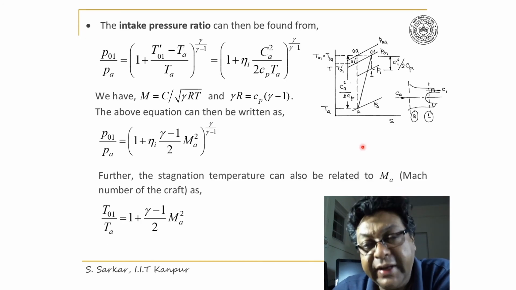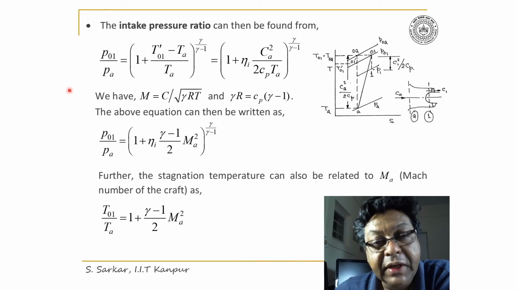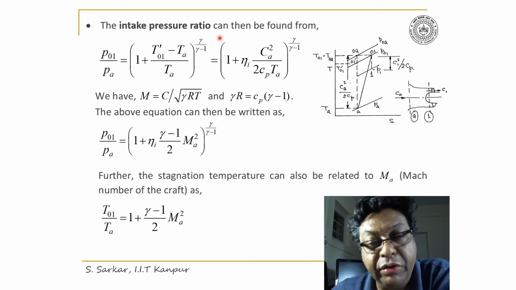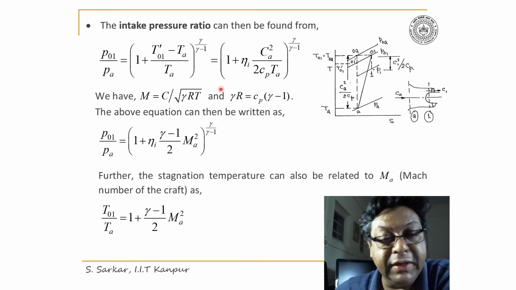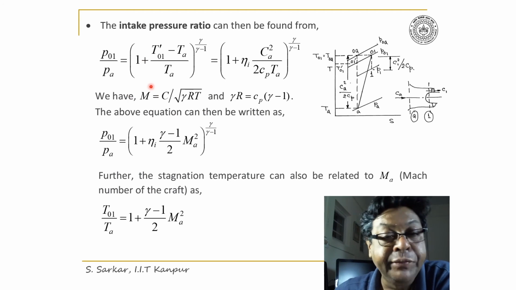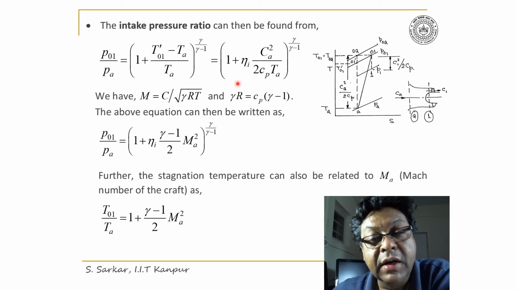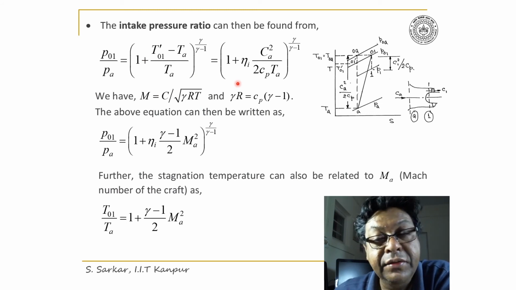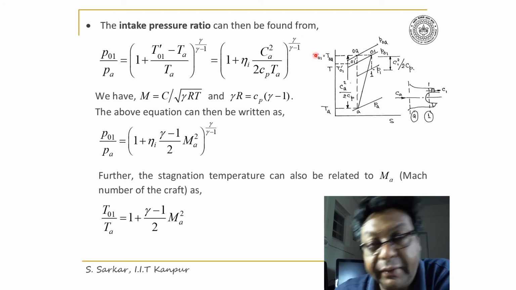Now, we can relate between P01 and PA, which defines the ram pressure. Thus, the intake pressure ratio can be found out as P01 divided by PA is equal to, within brackets, 1 plus T01 dash minus TA divided by TA, to the power gamma by gamma minus 1, which is equal to 1 plus eta I into Ca squared divided by twice Cp into TA, to the power gamma by gamma minus 1.